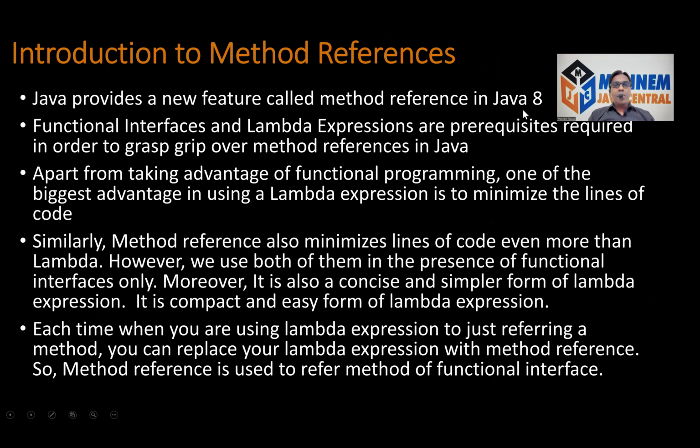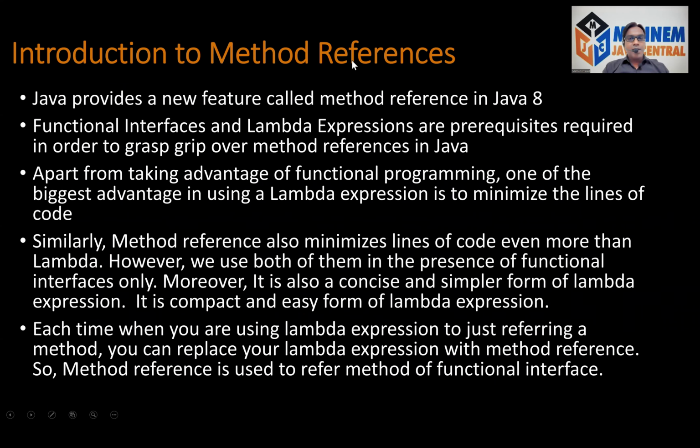So, introduction to method references. Java provides a new feature called method references in Java 8. These method references are new to the Java 8 version. Functional interfaces and Lambda expressions are prerequisites in order to get a grip on method references in Java.